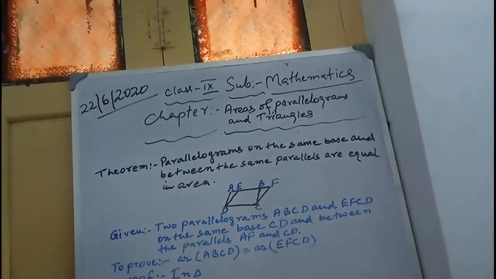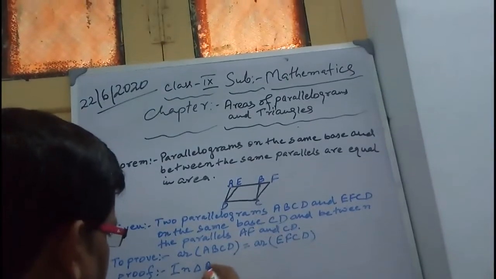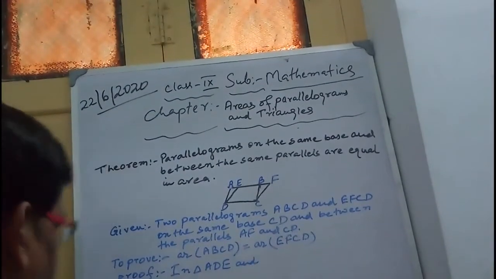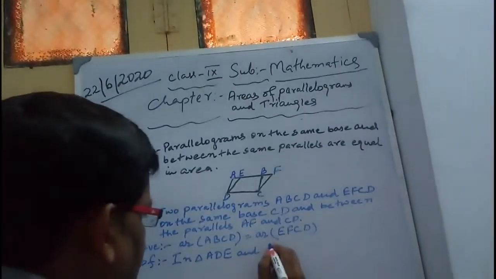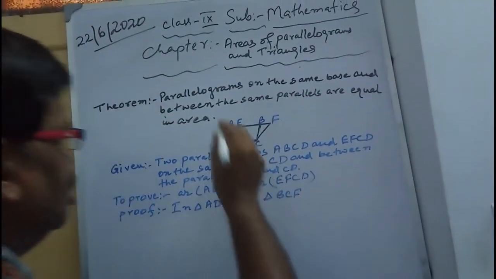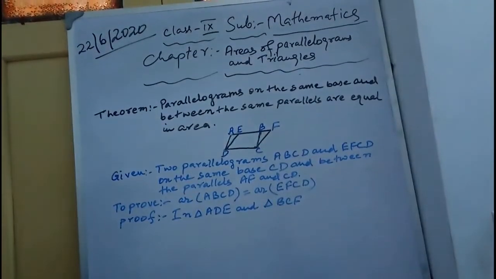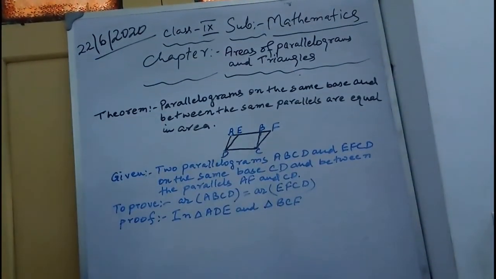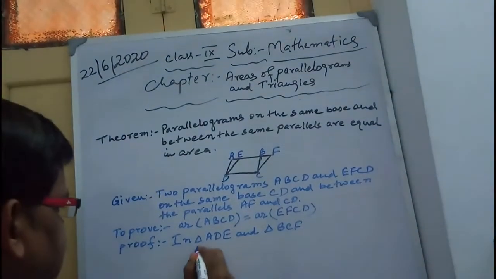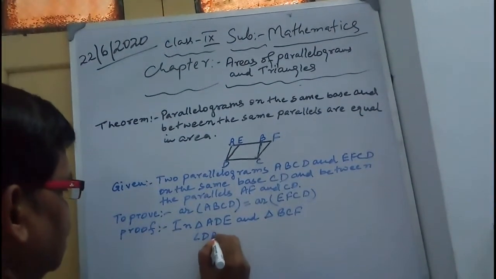In triangle ADE and triangle BCF, first we take angle DAE.